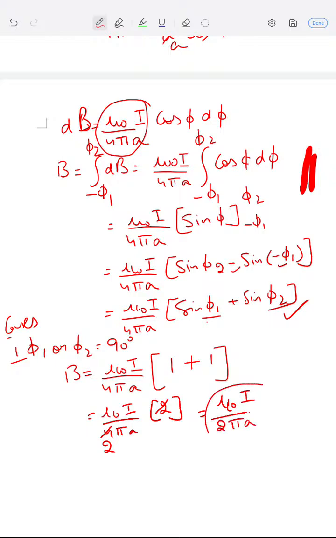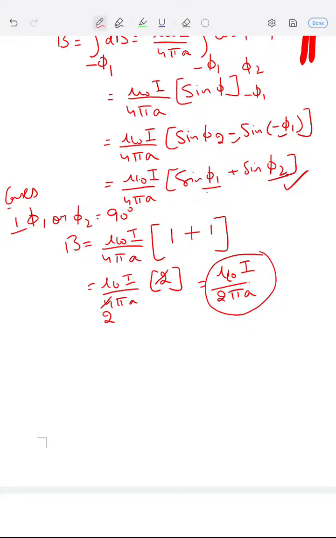So this is the derivation if we choose the perpendicular, where φ1 and φ2 are 90 degrees, near the middle of the conductor. If the conductor is infinitely long and the point P lies near the middle, this is the case of the middle point.